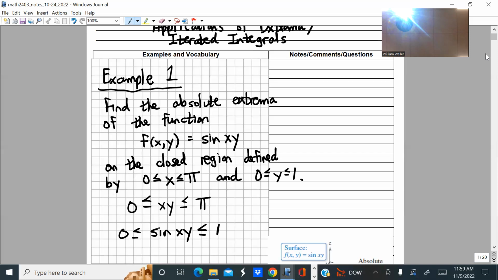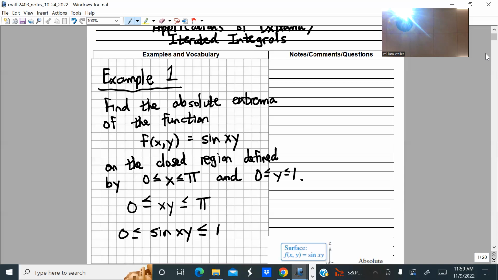It's pretty easy to figure out that you're going to have an absolute maximum and absolute minimum. Because x is between 0 and pi and y is between 0 and 1, the product of these two has to be something between 0 and pi.